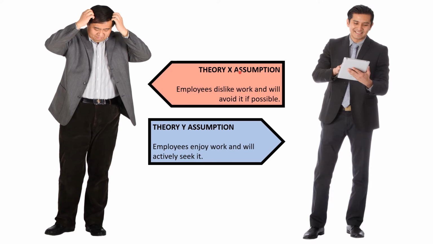Because we assume that the X employee doesn't like to work, they will avoid doing the task, doing the job. Whereas theory Y assumes that employees enjoy work and will actively seek it. So this type of person who loves to do work, of course, is always looking for opportunities, their chance to do more work.